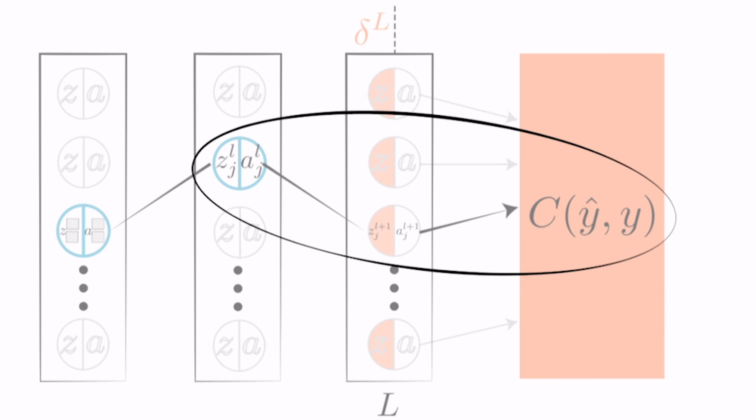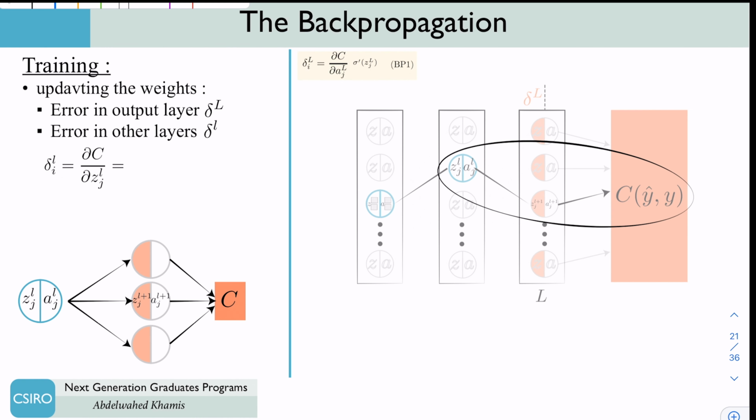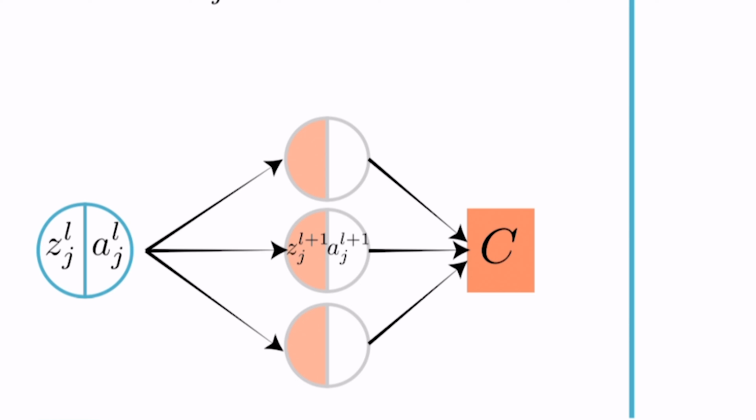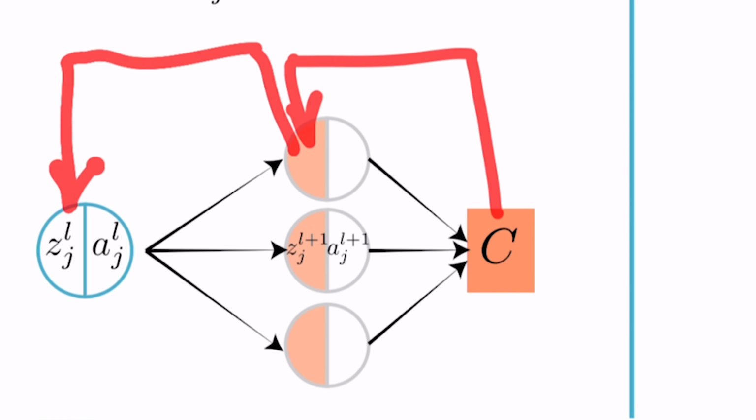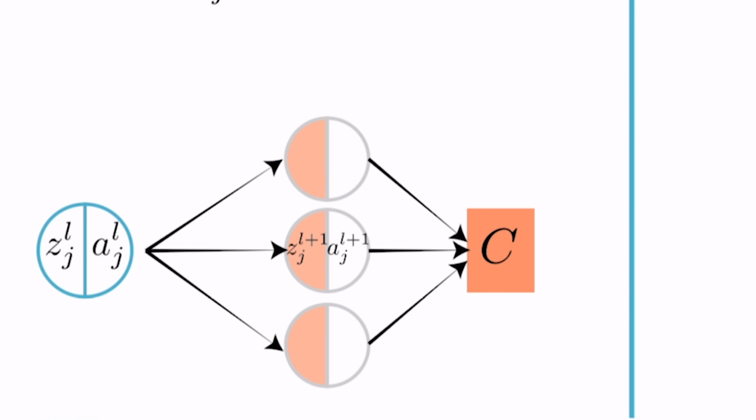So again, we will play the chain rule game, except this time we're going to do it multiple times. So we need to calculate the gradient of this multiplied by the gradient of this, and we need to do it multiple times.